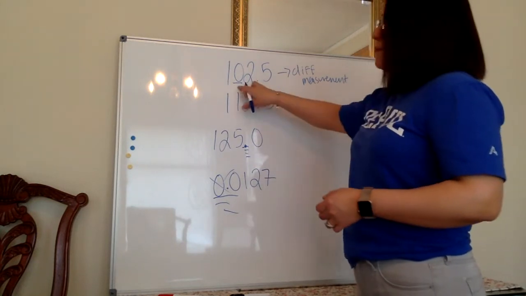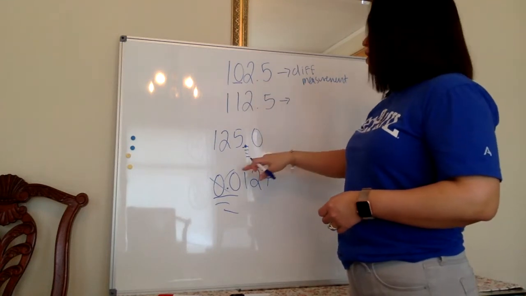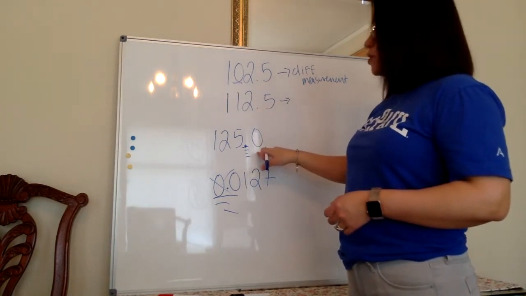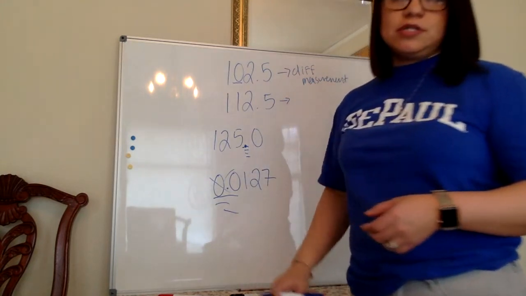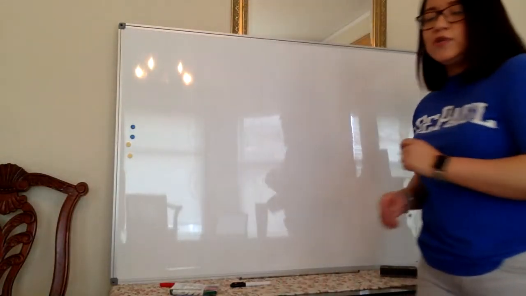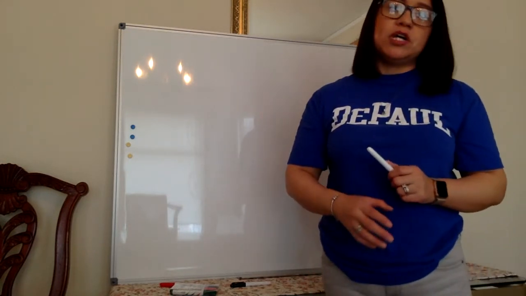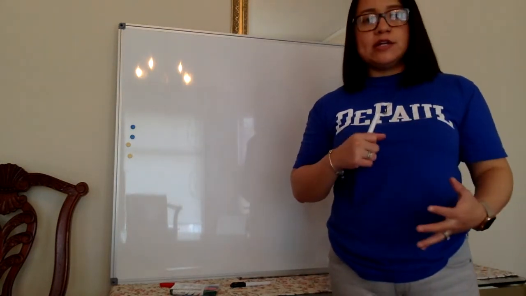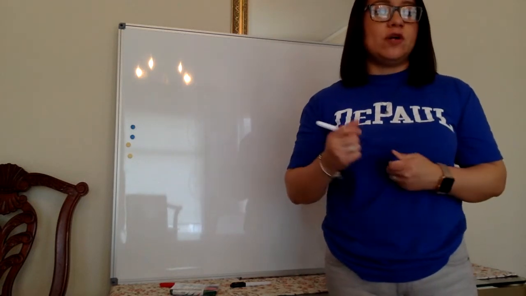So again, middle zeros are always significant no matter if there's a decimal point or not. Trailing zeros are significant only if there's a decimal point, and leading zeros are never significant. So obviously, as you can see, zeros are going to be the most tricky at this point. It's when are they considered significant, when are they not. That's what you need to make sure you understand.